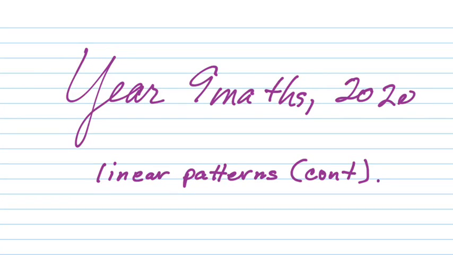All right. So yesterday we began our look at linear patterns and specifically finding rules for linear patterns. And it's important that you do a few things. First, you need to recognize linear patterns.